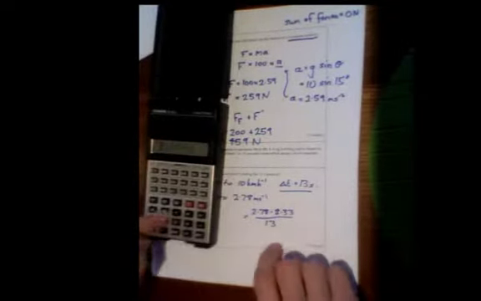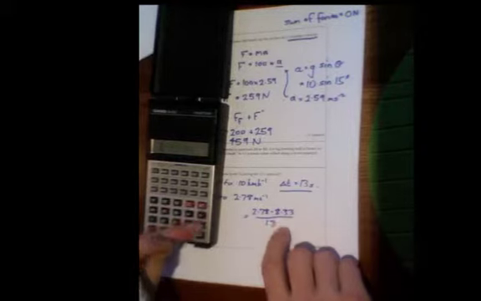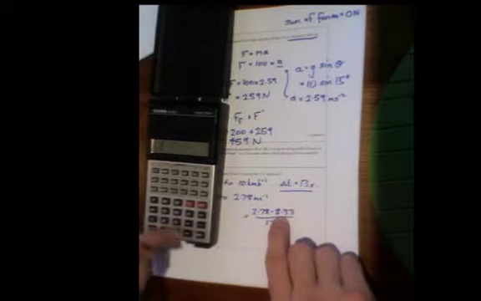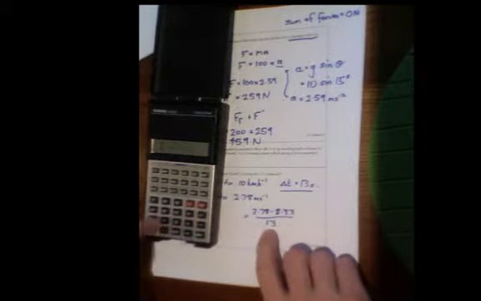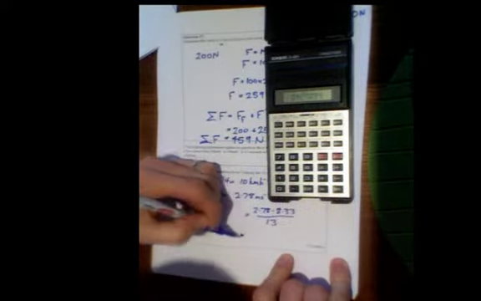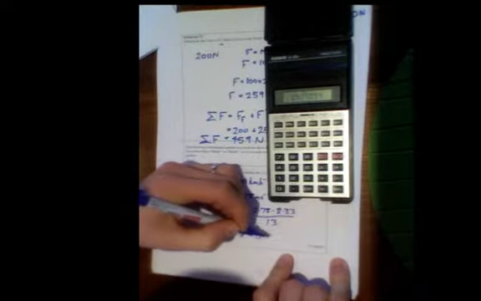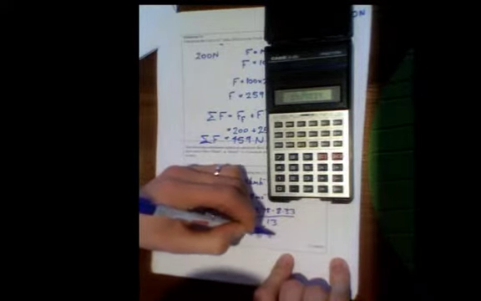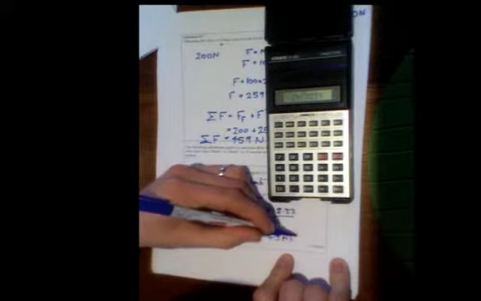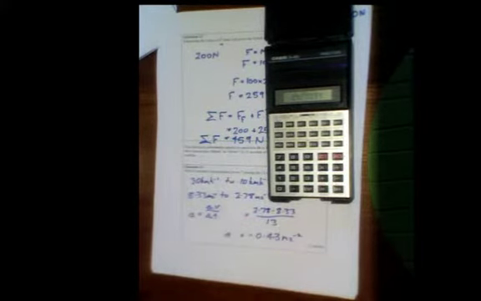So 2.78 minus 8.33 divided by 13. Acceleration is minus 0.43 meters per second squared.